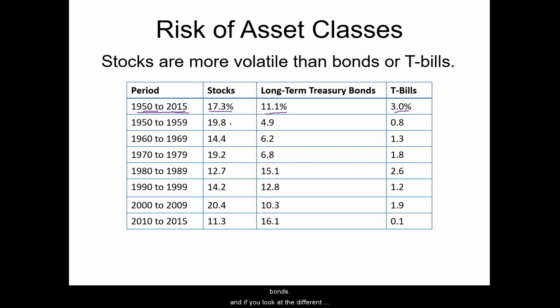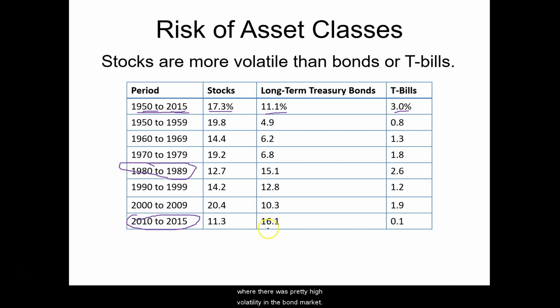And if you look at the different sub-periods, for example, in the 1950s or the 70s, the pattern is very similar. Stocks generally deliver higher return, but the risks, or say the volatilities, are also much higher. The only exception according to the historical data is in the 1980s or between 2010 and 2015.